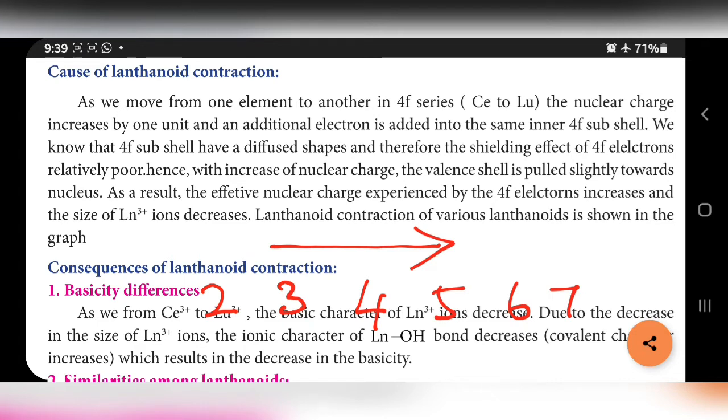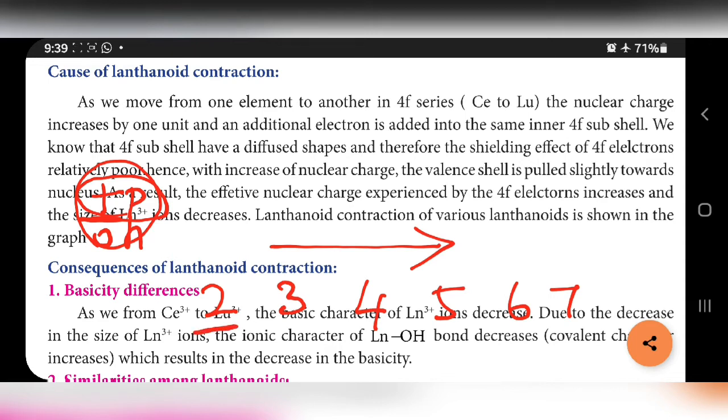Atomic number increases means nuclear charge increases, because the charge of the nucleus is positive. Why? Because the nucleus contains protons and neutrons. The charge of the proton is positive, the charge of the neutron is neutral, that is 0. So the nuclear charge depends only on the protons.